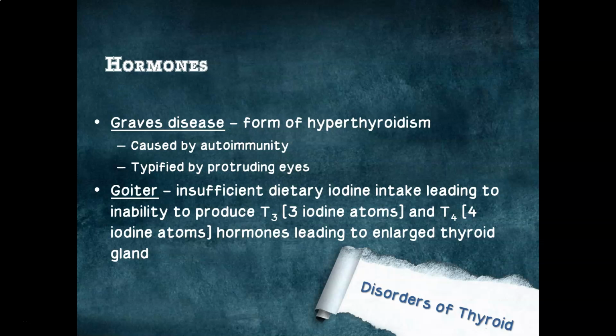So without it, your thyroid is unable to produce these hormones, and so you end up getting this enlarged thyroid gland. It swells up. If it swells up big enough, you get this sort of growth on your neck. Think of an Adam's apple, but bigger and a little rounder. But that's kind of the basic idea.